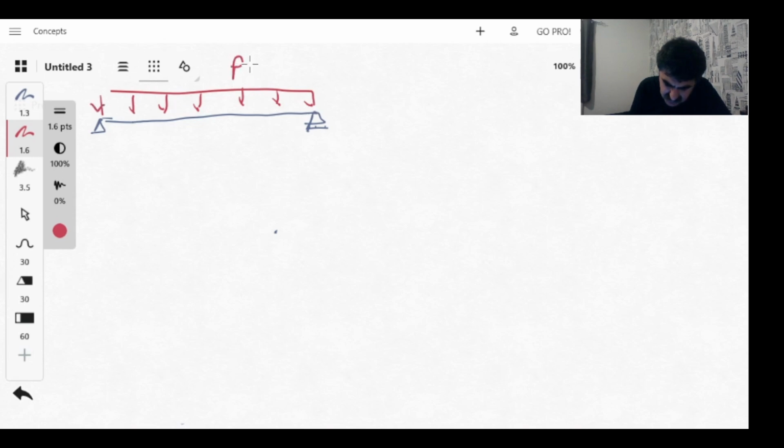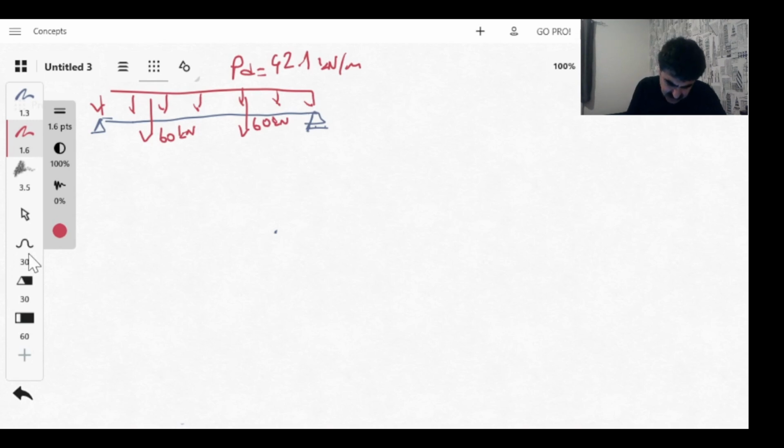PD is equal to 42.1 kilonewton per meter, and then I have 60 kilonewton and 60 here, machinery, 60 kilonewton.